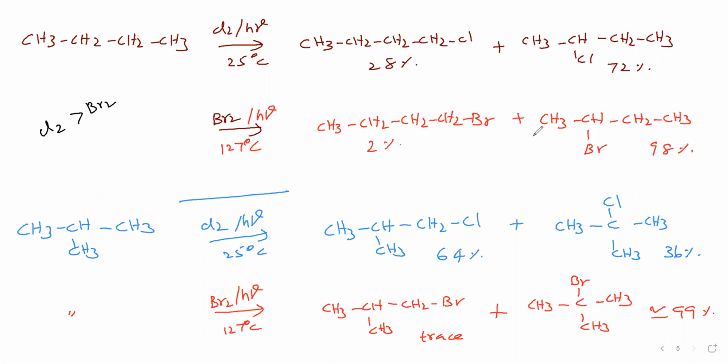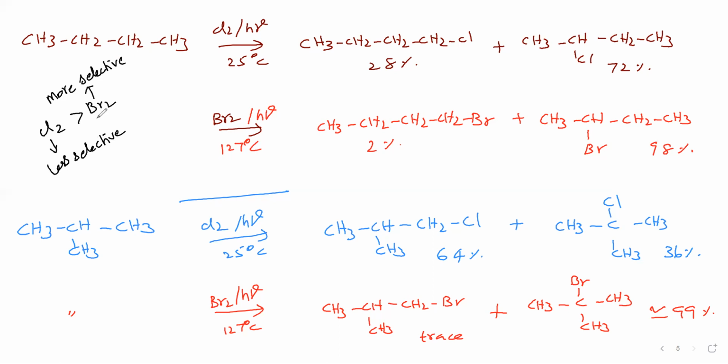That means it is more reactive, therefore less selective. Where it is less reactive, it is more selective. Therefore, since it is more selective, the tertiary percentage is more when compared to primary. Here the secondary percentage is more when compared to primary.